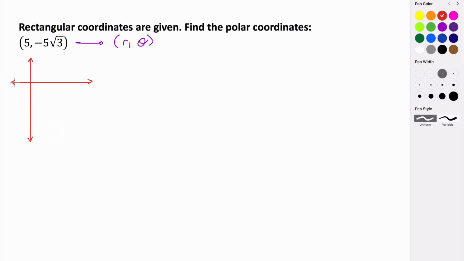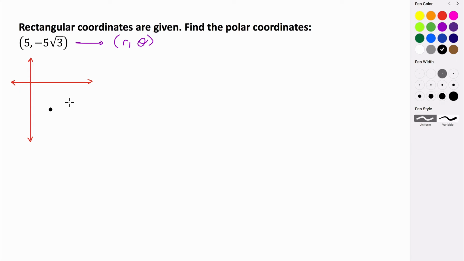So that means that we're going to be in the fourth quadrant. So positive 5, -5√3. So we're going to have a point. Let's make that point black, actually. This point here is going to be our point.